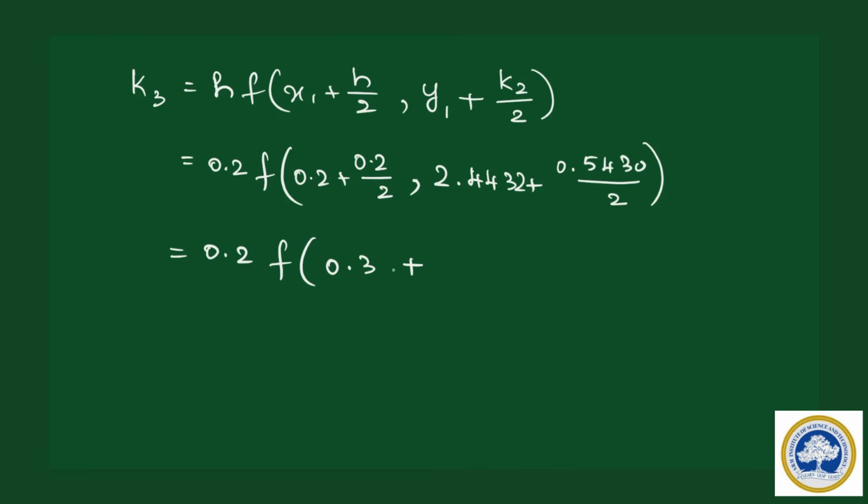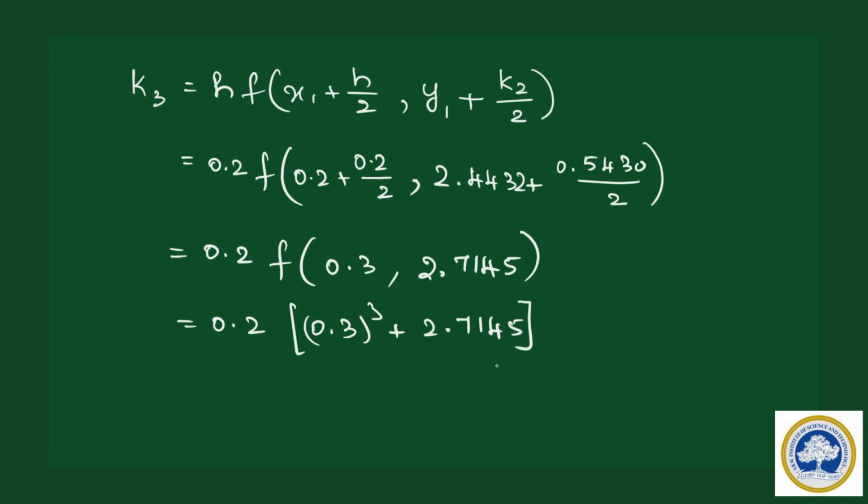After simplification this is 2.7145. So here 0.2 into 0.3 whole cube plus 2.7145 is equal to, final answer is 0.5483, right?